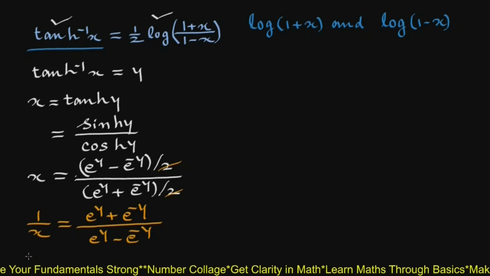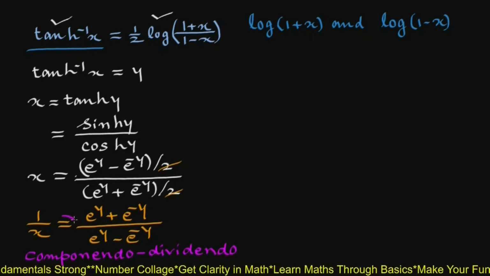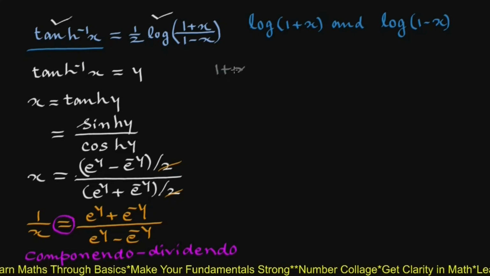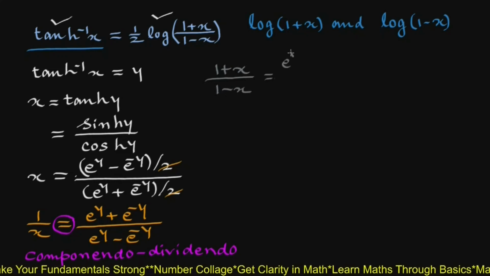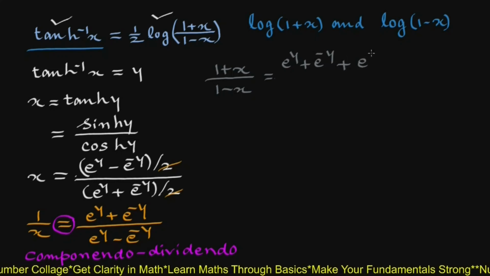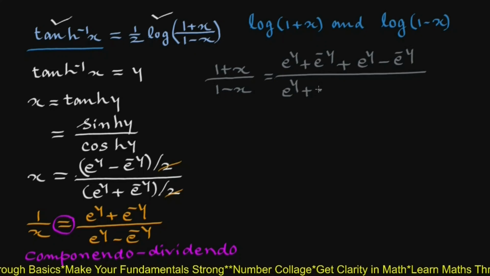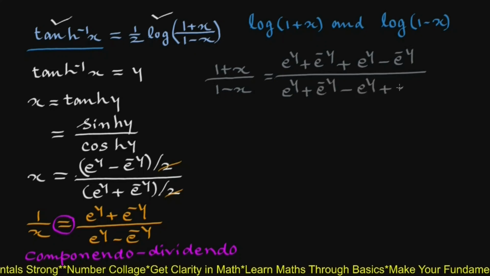Here we will apply componendo dividendo, which is a property of two equal ratios. Accordingly, this will be (1 + x)/(1 - x) = (e^y + e^(-y) + e^y - e^(-y))/(e^y + e^(-y) - e^y + e^(-y)).